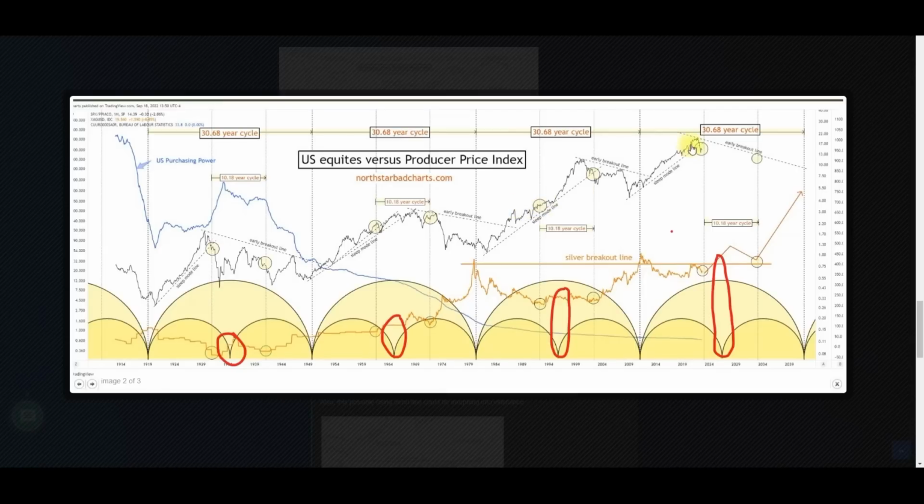Then we'll have to revise and say, okay, U.S. equities still have some juice, but I don't expect silver to do new lows just because U.S. equities are outperforming PPI. They're probably going to price in the eventual ending of that melt up, and they'll stick around here until U.S. equities finally roll over, and then after that, they have a strong leg up.